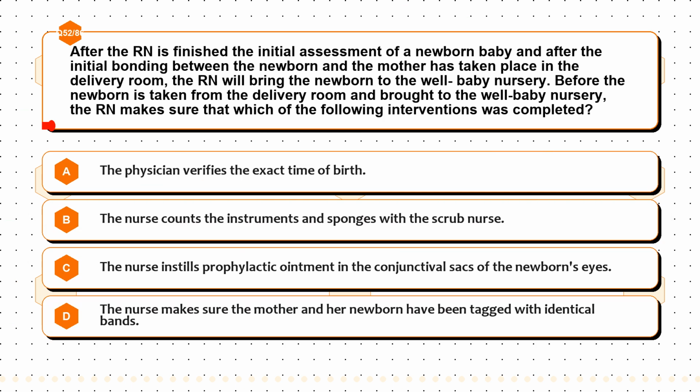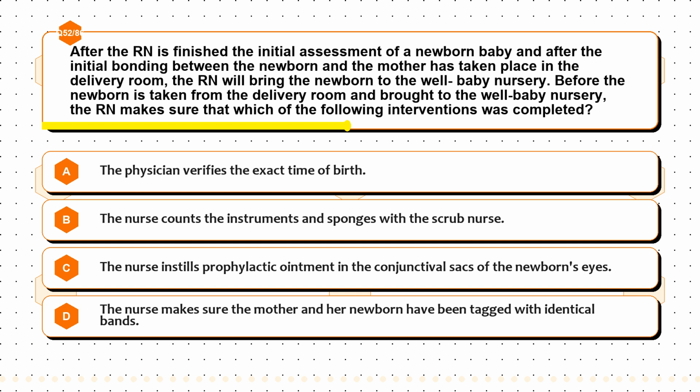Question 52. After the RN is finished with the initial assessment of a newborn baby and after the initial bonding between the newborn and the mother has taken place in the delivery room, the RN will bring the newborn to the well baby nursery. Before the newborn is taken from the delivery room and brought to the well baby nursery, the RN makes sure that which of the following interventions was completed.